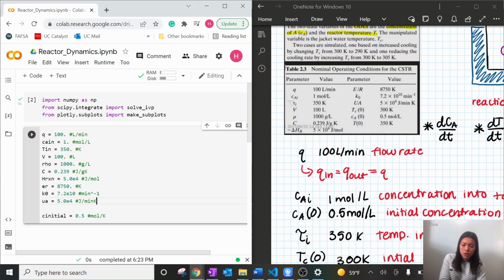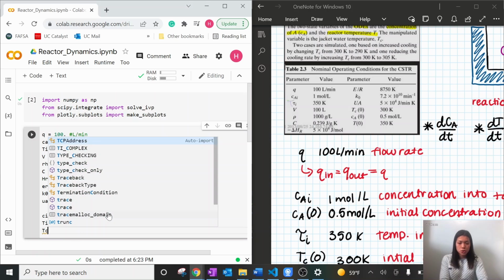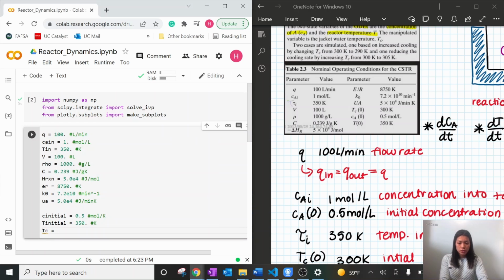And then we also have our initial temperature, and that is 350 Kelvin. And then we also have our temperature of our coolant, which is 300 Kelvin.